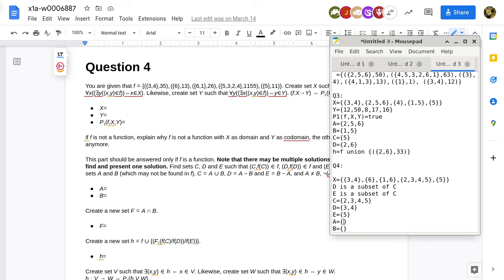So everything in A but not in B needs to be in D. So we know A has to have everything that is in D, which is 3, 4. So we know that much has to be in A, and then B needs to have at least 5.